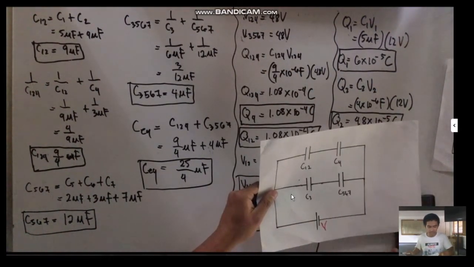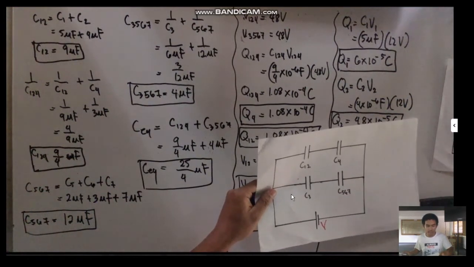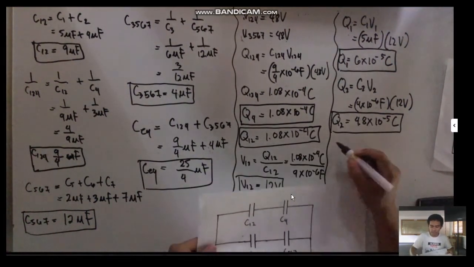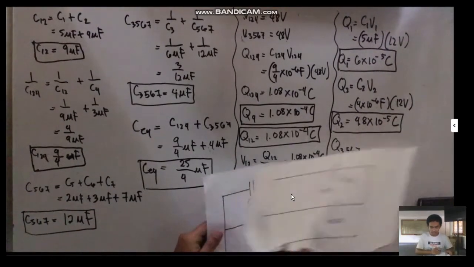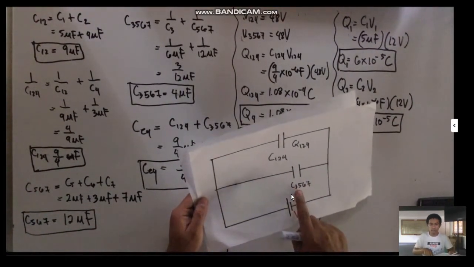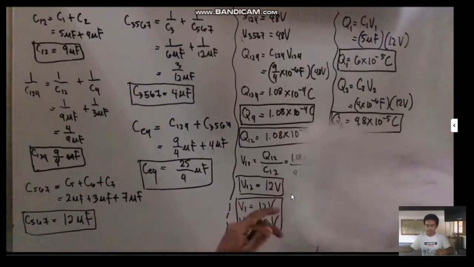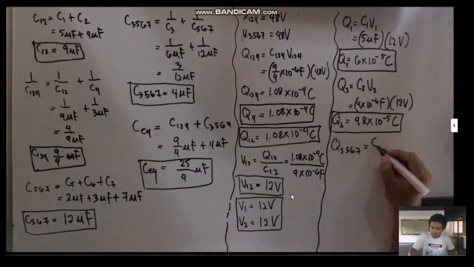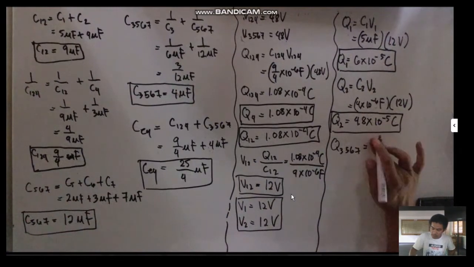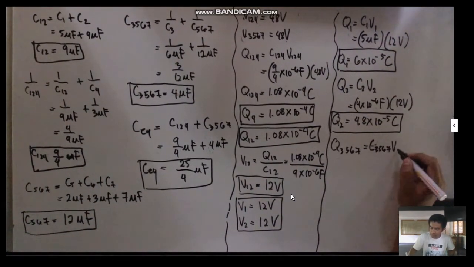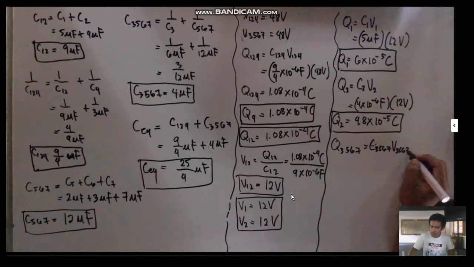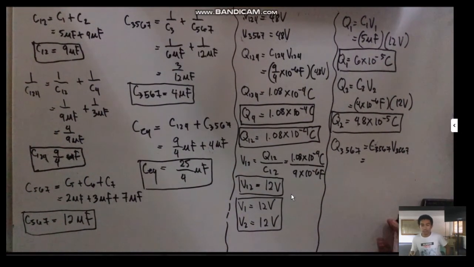But we don't have Q3567, so we need to look first for Q3567. This Q3567 is equal to C3567 times the voltage of 3567.